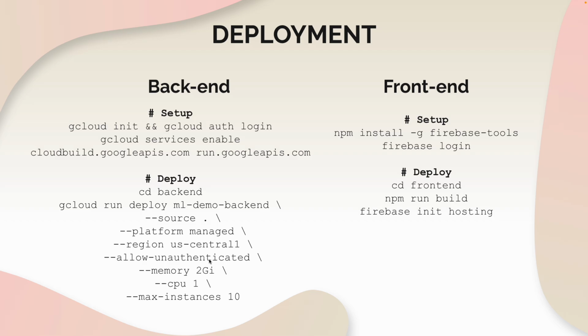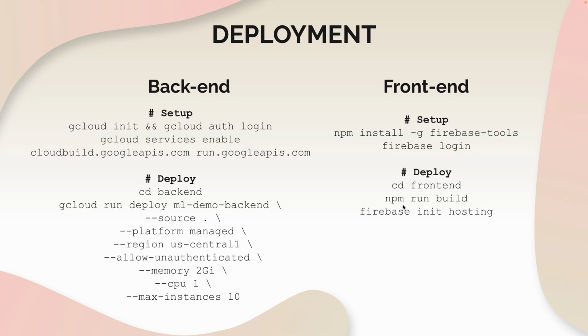I think it took me about 15 minutes from start to finish to deploy it. The front end should be done in a minute or two. And once the processes are finished, you will also get the URL outputted in the console that you can just visit and interact with your backend and front end.